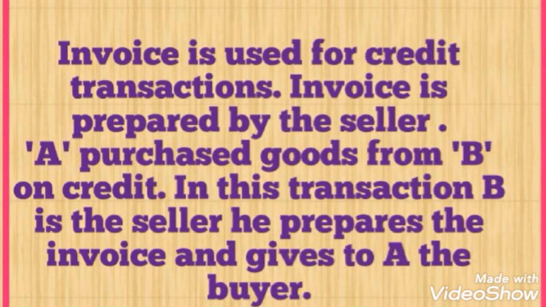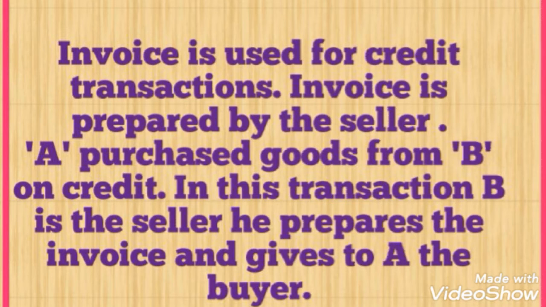The next document is invoice. Invoice is used for credit transactions such as credit purchases and credit sales. Invoice is prepared by the seller. It contains detailed information relating to the amount, the terms of payment, and the name and address of the seller and buyer, etc. It is prepared in 3 copies.